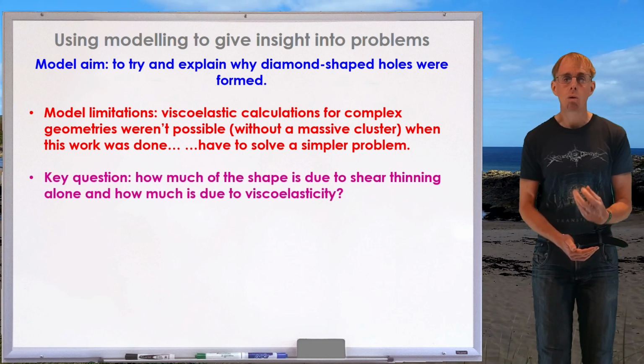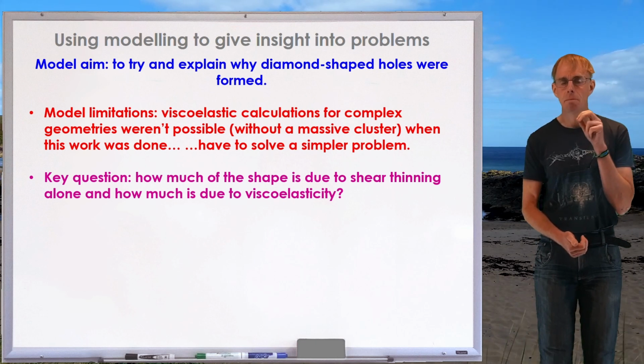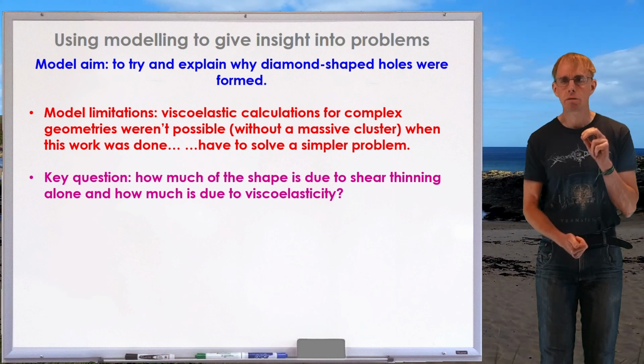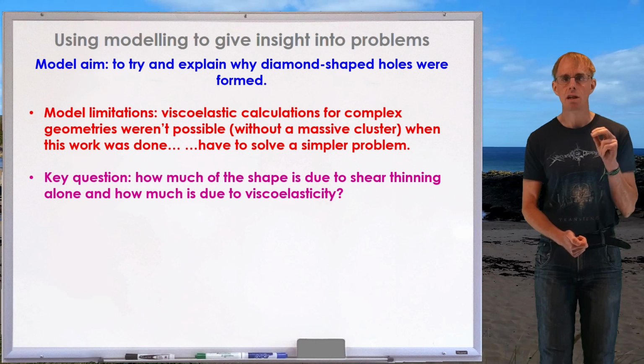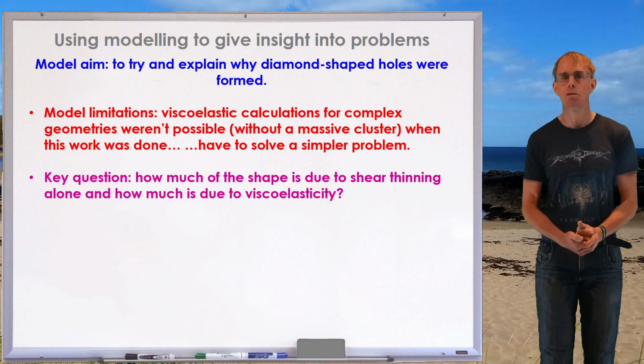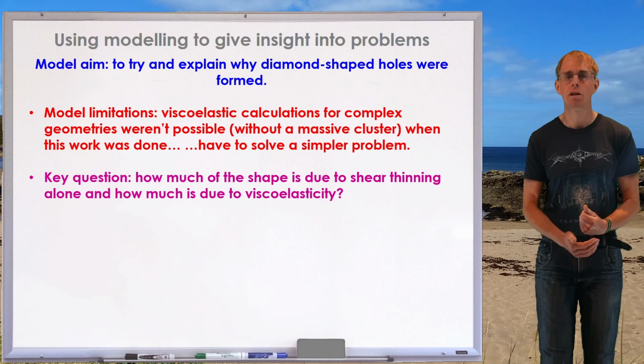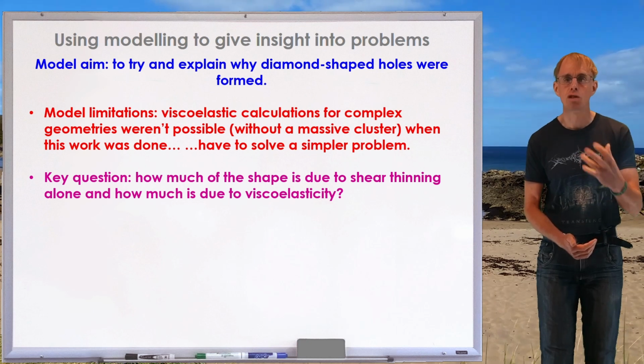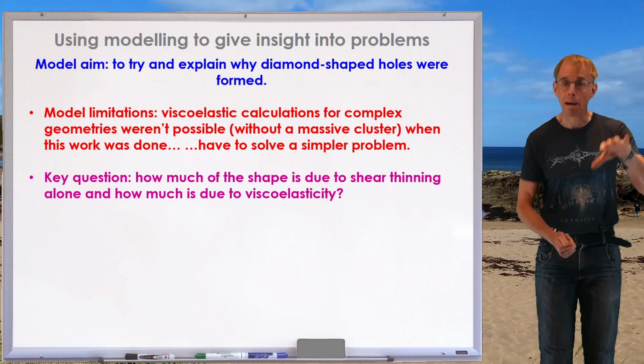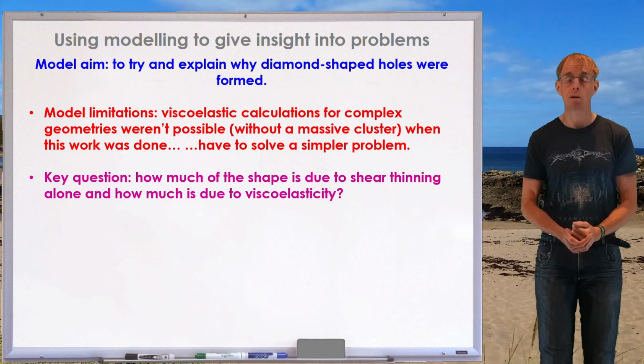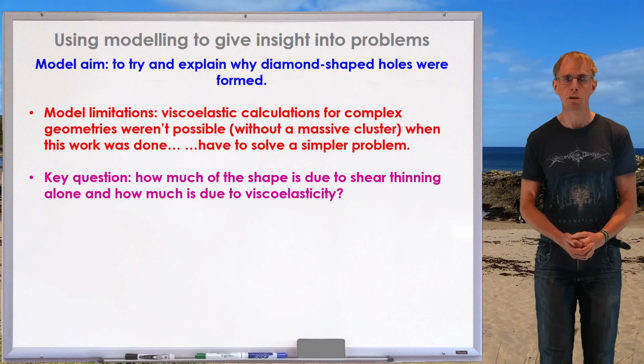And so what we did is to say, well, look, let's realise our limitations. Let's see what we feasibly can run in a complex geometry. We can run a generalised Newtonian fluid model that'll give us a shear thinning behaviour that is comparable to the polymer that we've measured experimentally in terms of its rheology.